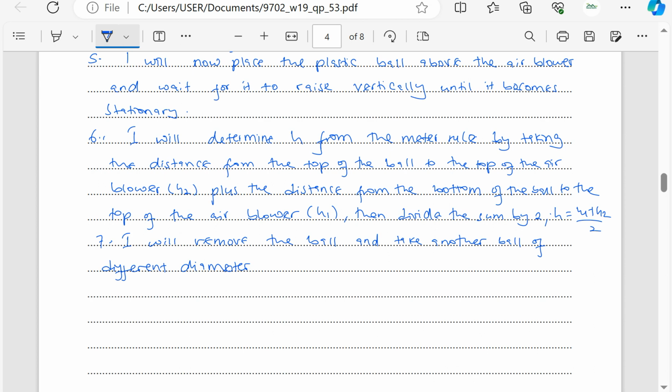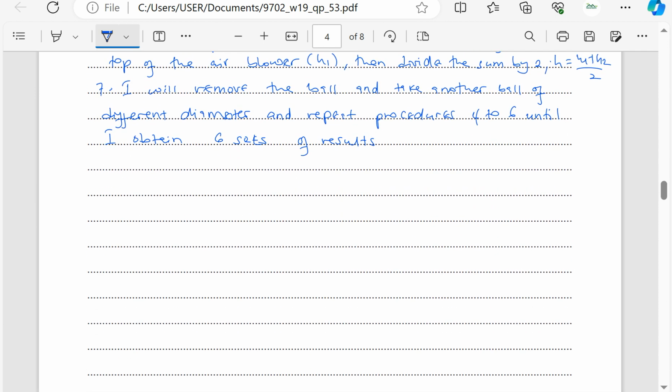So I will remove the ball and take another ball of different diameter and repeat procedures 4 to 6 until I have 6 sets of results. Of course, when I have 6 sets of results, the next thing is to plot a graph.